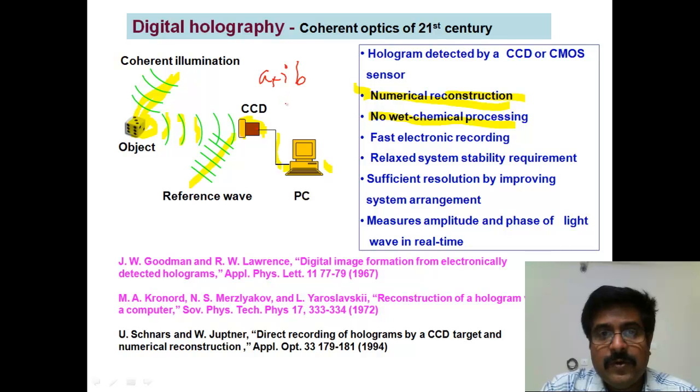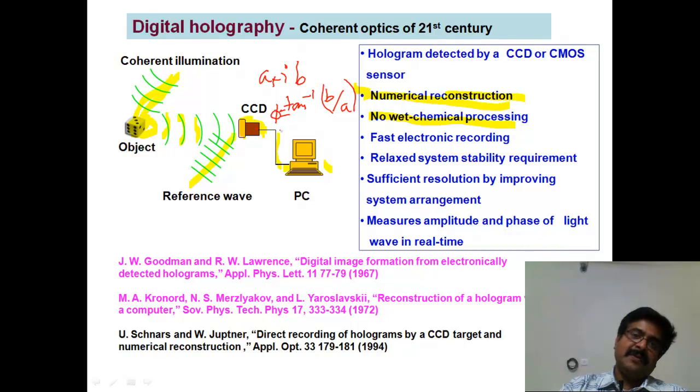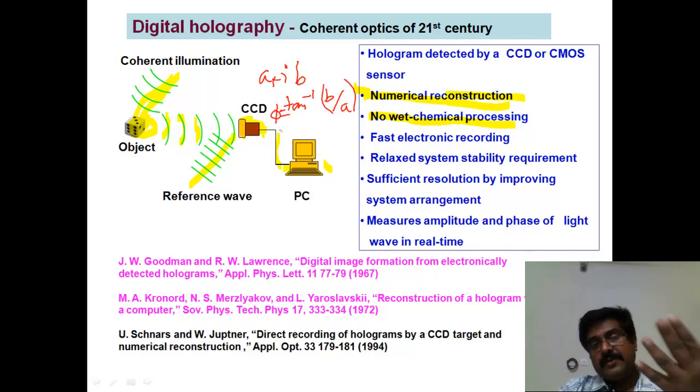So tan inverse of B by A, imaginary part by real part, gives the phase information of the object. That phase contains 3D information which can be used for further processing.